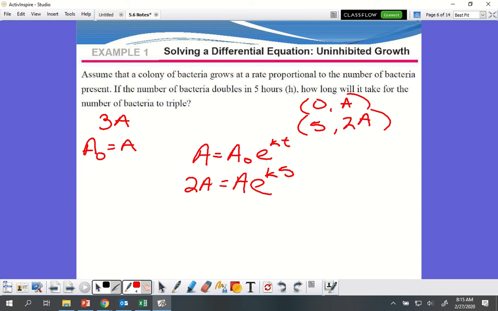This is all just algebra. I'm trying to solve for k now, because k is going to be the rate that I'm using. So divide both sides by A. I should get 2 equals e to the 5k.